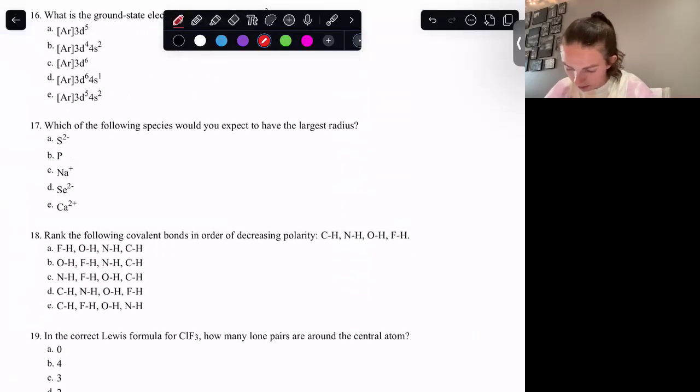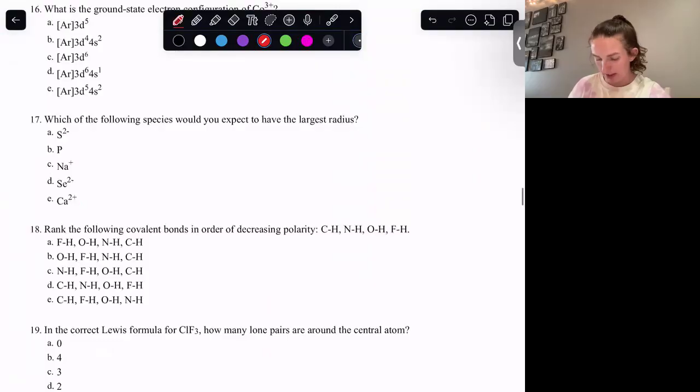Alrighty, 17. So which of the following species would you expect to have the largest radius? Okay, so what we need to know here is that when we have an ion, we have two things happening. So if we're looking at neon, right? Neon has 10 protons and it has 10 electrons.